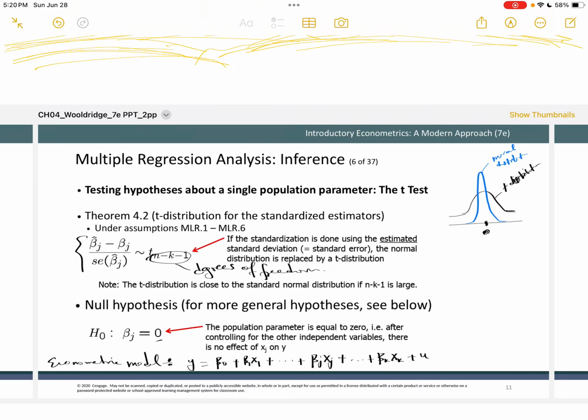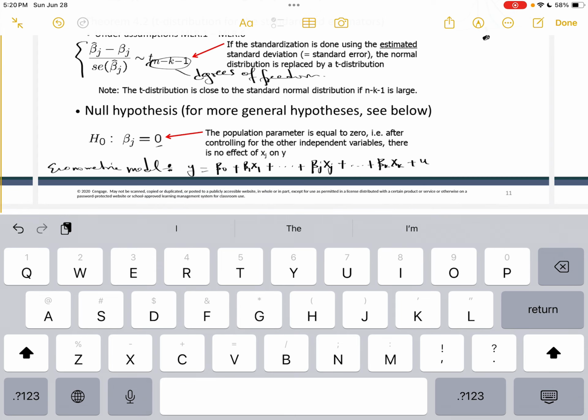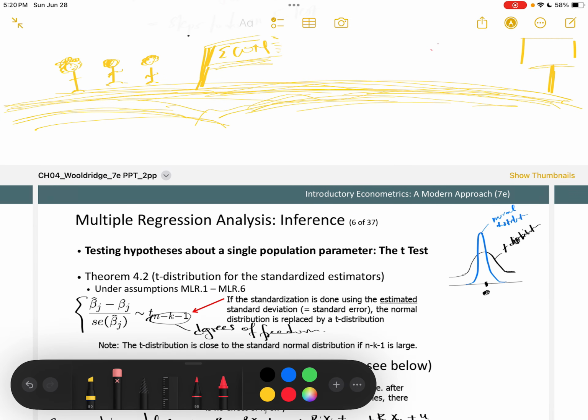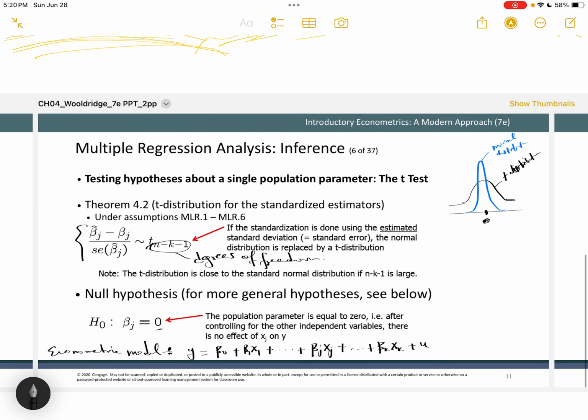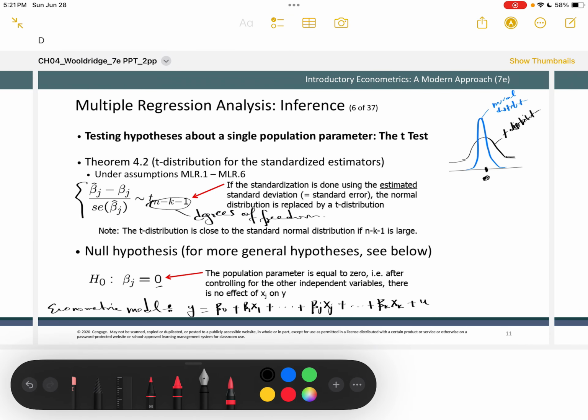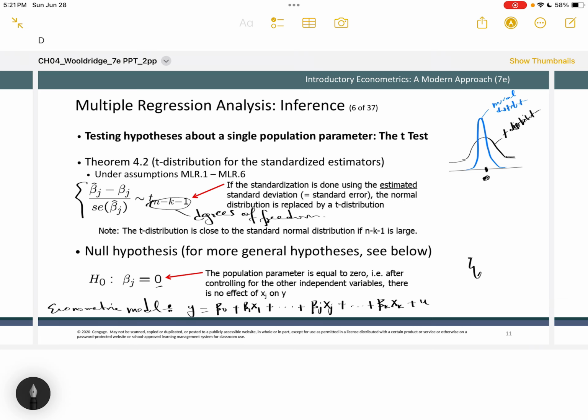Well, in this case, H0, the null hypothesis, is written as beta j equals 0.